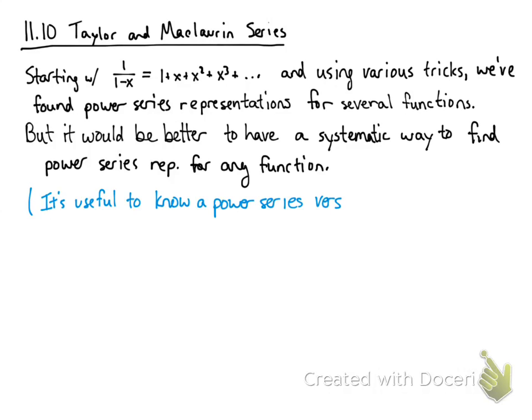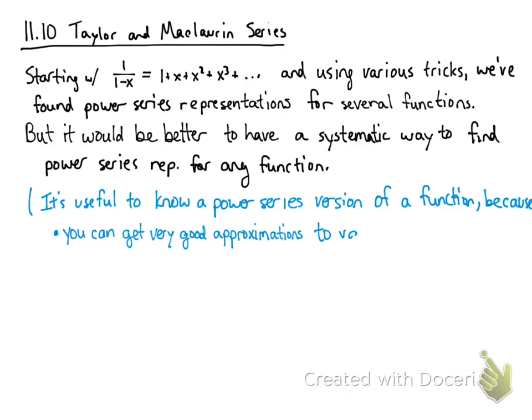Just as a side note, why do we want power series for functions in general? It's useful to know a power series for lots of reasons. Some of them are, well, you can approximate values of the function very easily and very well. And in fact this is what calculators and computers and so on do.